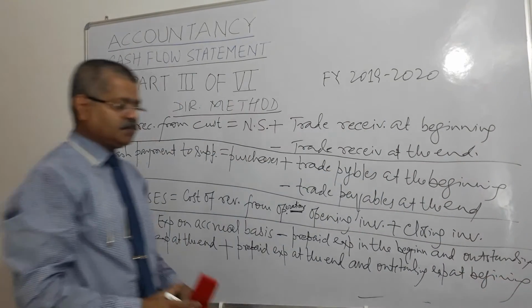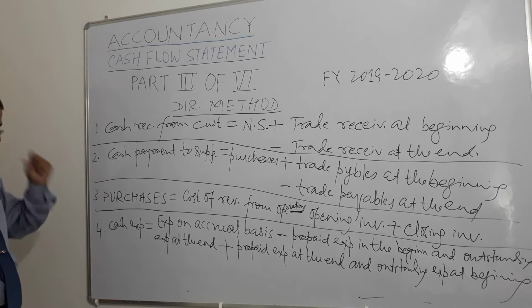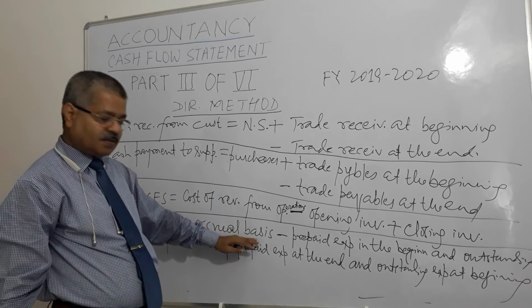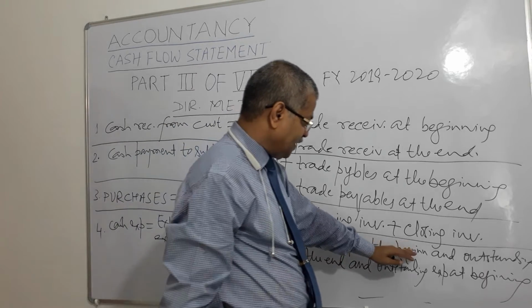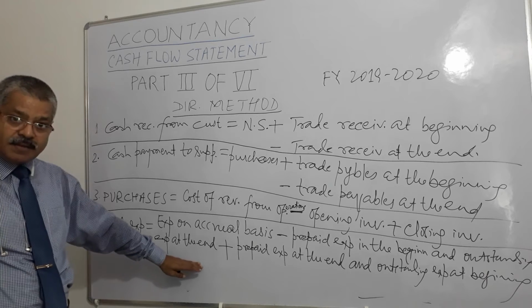Right? So cash expenses for an enterprise is equal to expenses on accrual basis minus prepaid expenses in the beginning and outstanding expenses at the end.